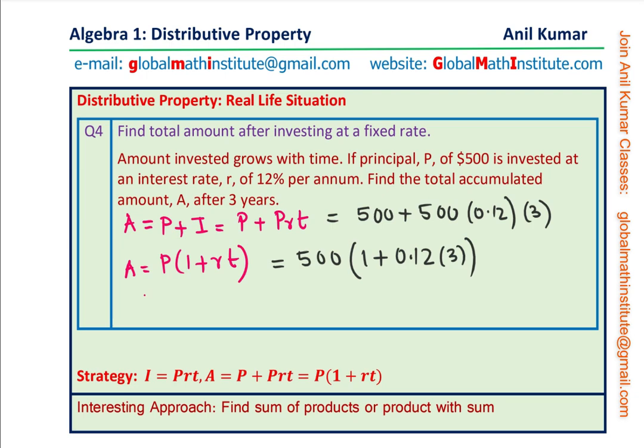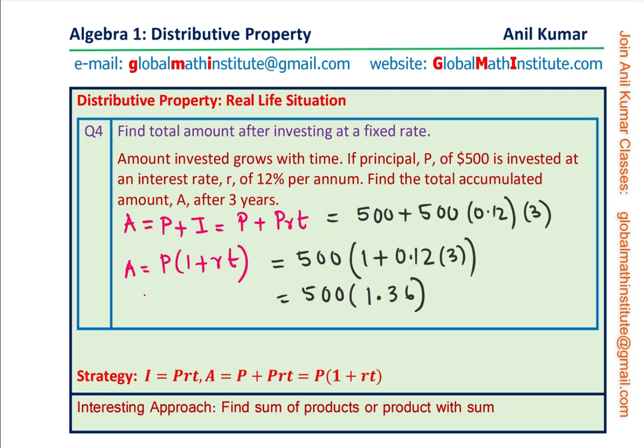So we could do both these calculations to find our answer. You get the idea, right? Both will give us the same result. So this is not very difficult to calculate. You could actually do 500 times 1 plus 3 times 0.12, which will be 0.36.